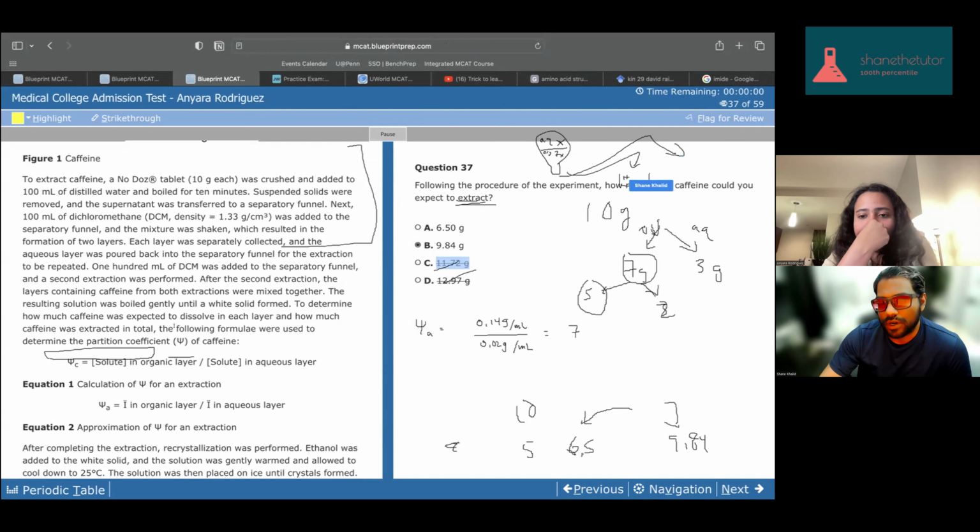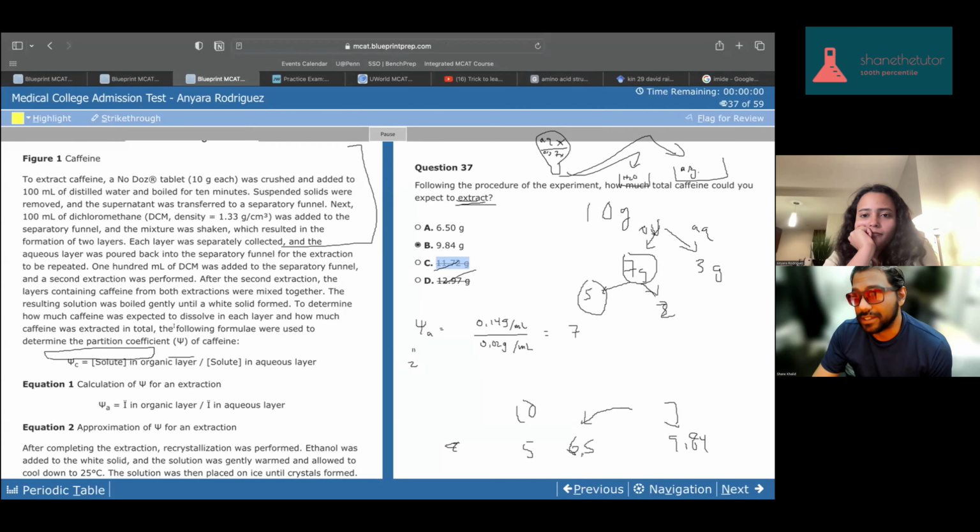Put the water stuff here, put the organic layer here. Let's compare it to if this partition coefficient was 2. You're going to have just twice as much in the organic layer compared to the aqueous layer, and you're going to be losing a lot of that caffeine because the solubility difference isn't that great.